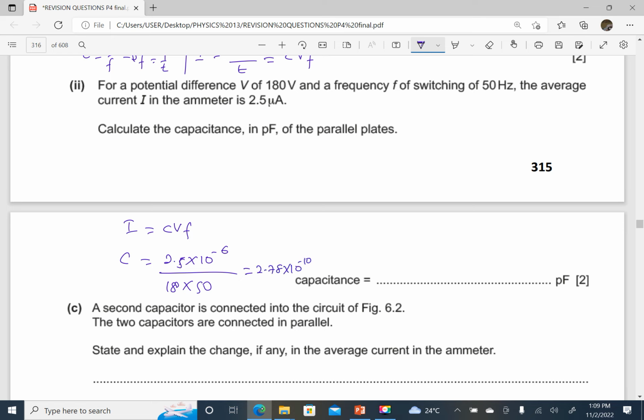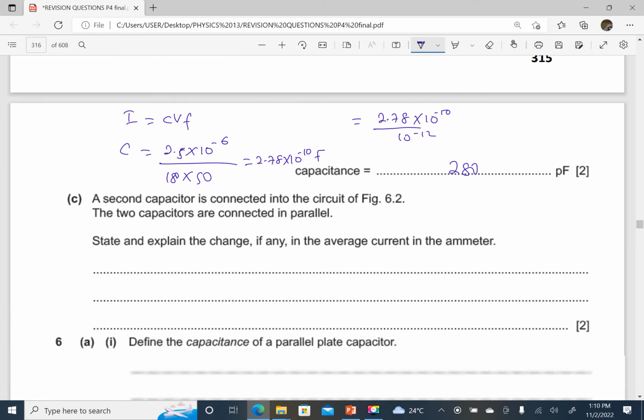I'm now dividing this 2.78 times 10 power negative 10 by 10 power negative 12 to change it to pico. And this is giving me 280 picofarads. I just rounded off to two significant figures. It is 280 picofarads, two significant figures.